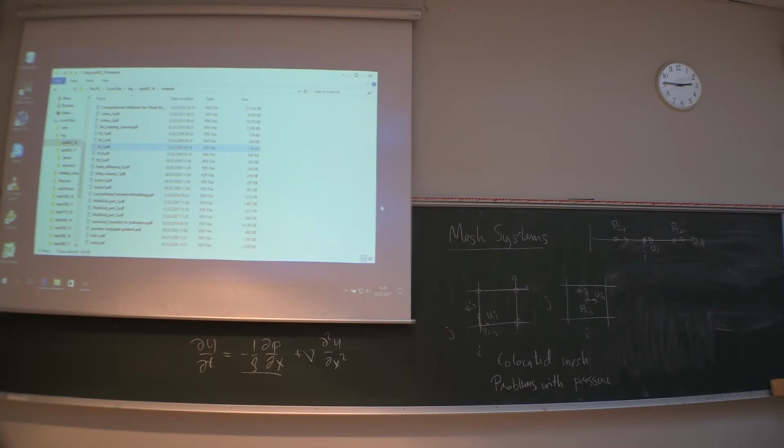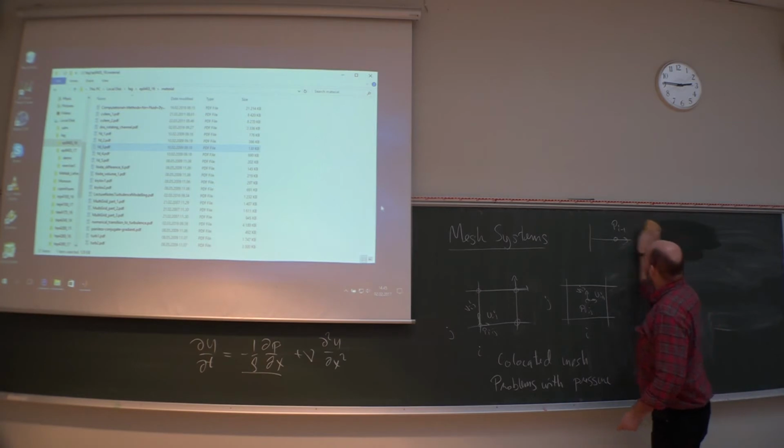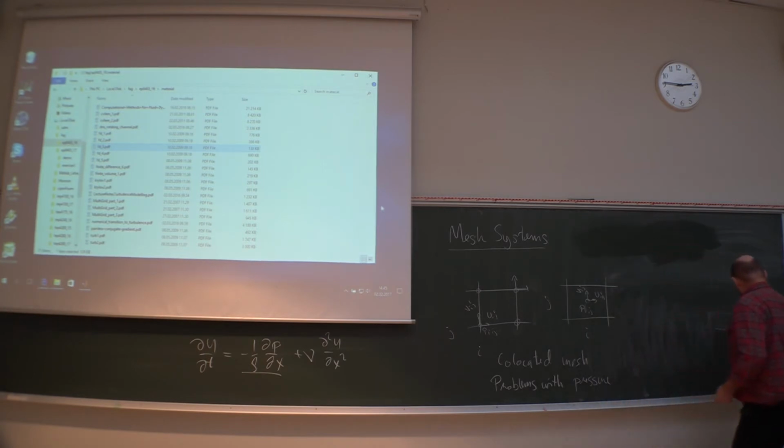More modern methods can handle it. You have to sort of cheat a little bit to use the pressure there anyhow, some way. Yes, you can do that. But in the beginning, no, they sort of gave up this co-located idea. What they instead did was to use something called a staggered mesh.